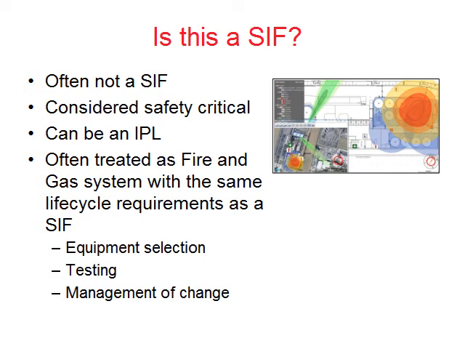So when people are picking the equipment for it, or coming up with the testing, or putting in place management of change, they're going to put the same rigor on these systems as they do for a classic SIF. But you're probably going to stop short of doing probability of failure on demand calculations just because of the wide variability of ability to sense.